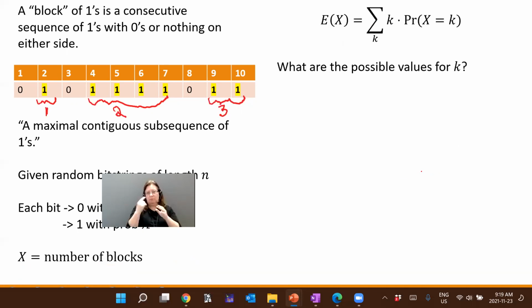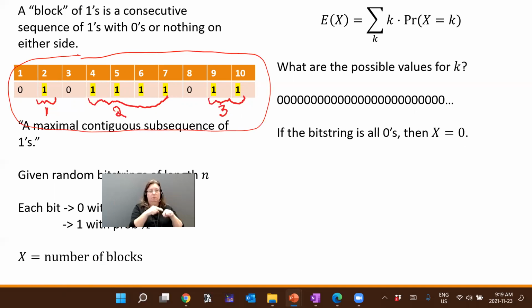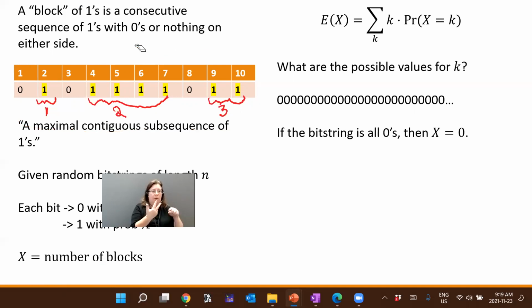The possible values for k, well, I can have all zeros, right? And then the number of blocks is equal to 0. So x is equal to 0. I can have something like this where I have 3. But then the maximum number of blocks I can have is, well, each individual one by itself is a block. So I could have something that looks like this.